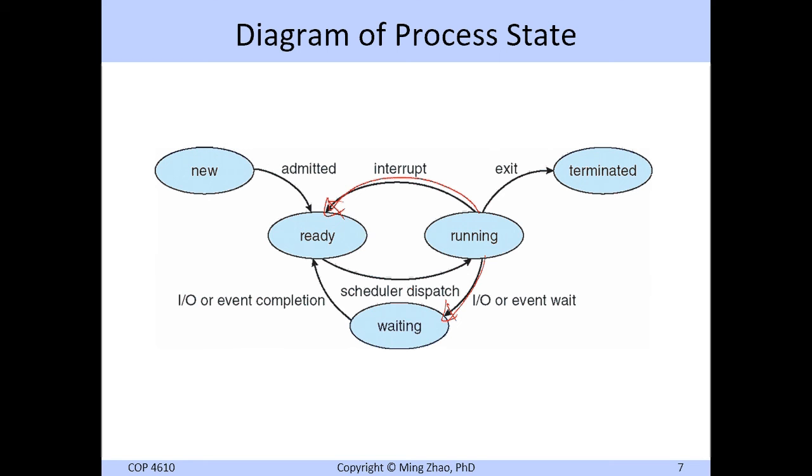After the OS finishes handling the interrupt, the CPU scheduler, which is a component of the OS, now also has the opportunity to decide which one to run. Notice that the process that will be run next after the interrupt handling may not be the process that was interrupted, because the CPU scheduler might make a different decision and choose a different process to run.